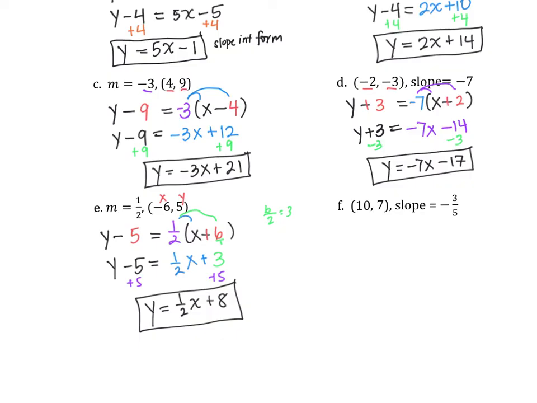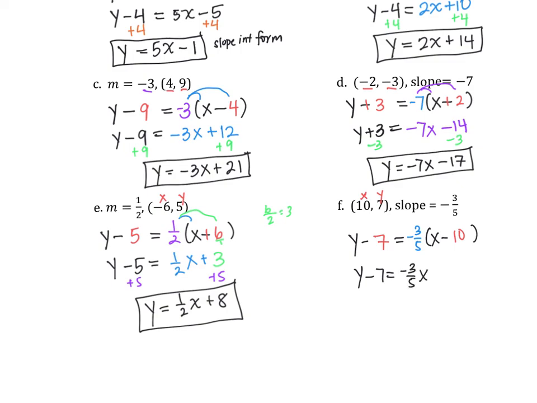Last one. Just to give you one last fraction and a negative. Negative 3/5 times x is just negative 3/5 x.